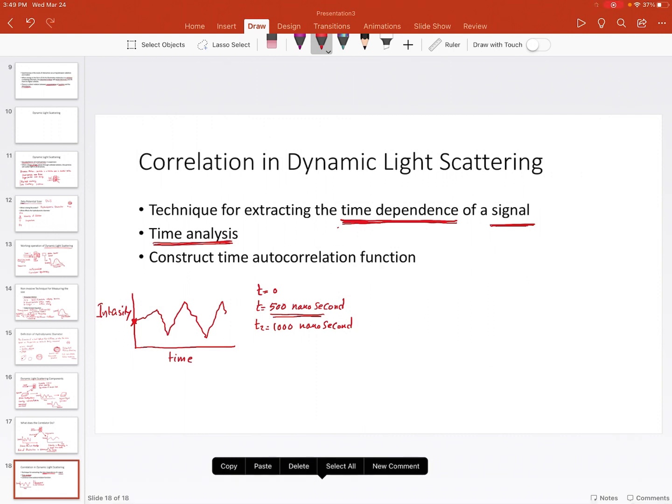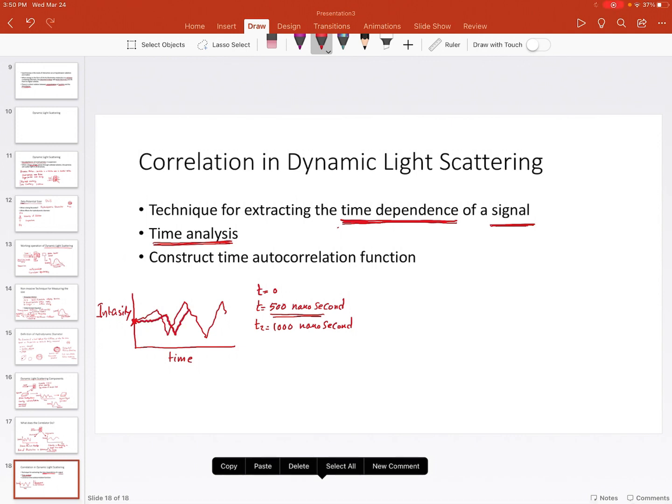Now in time 0, these two graphs don't have any difference with each other. We are actually comparing the difference between the fluctuation intensity graphs versus time. In another time interval, which is 500 nanosecond, these two graphs are separating from each other because the fluctuation intensity is going to be different because the particles are moving.